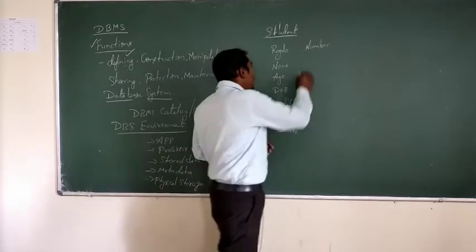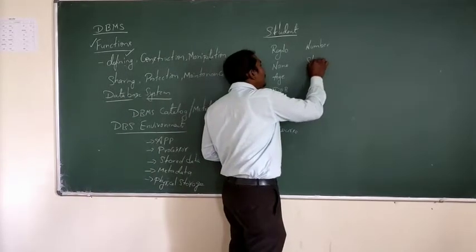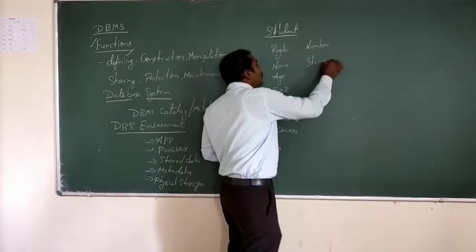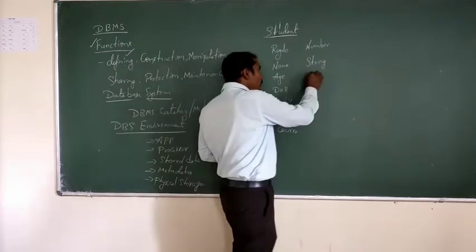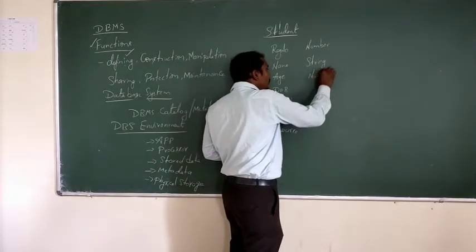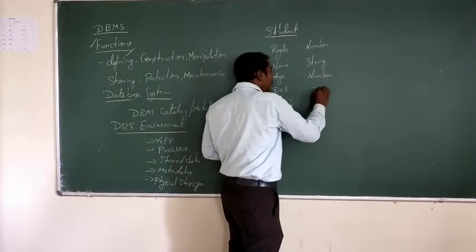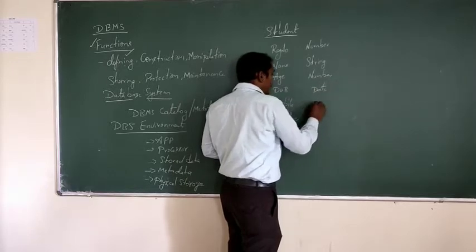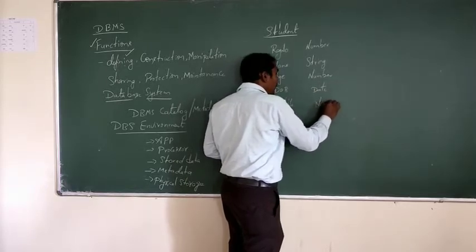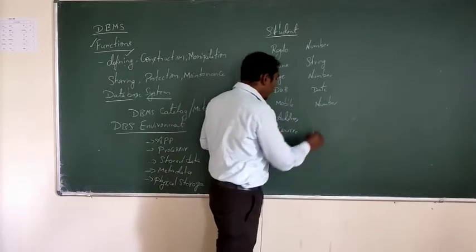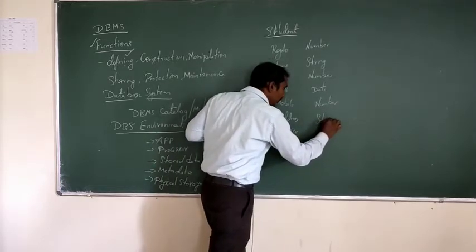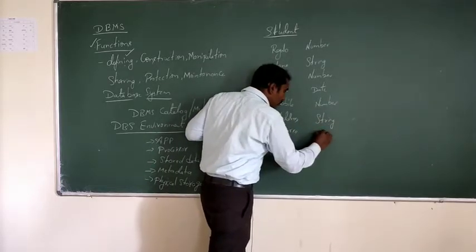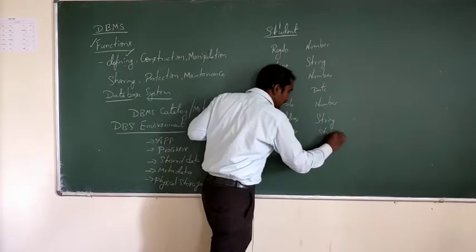Again, name, as you know, it will be string. Age, it will be number, and again date of birth, it will be date. Again, mobile will be number, address you'll have string, and again course you'll have string.